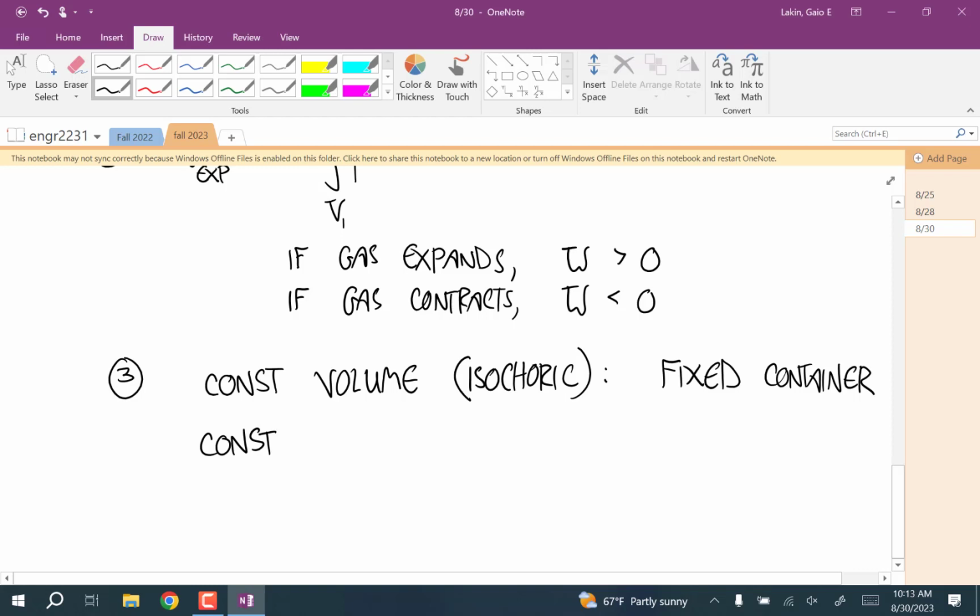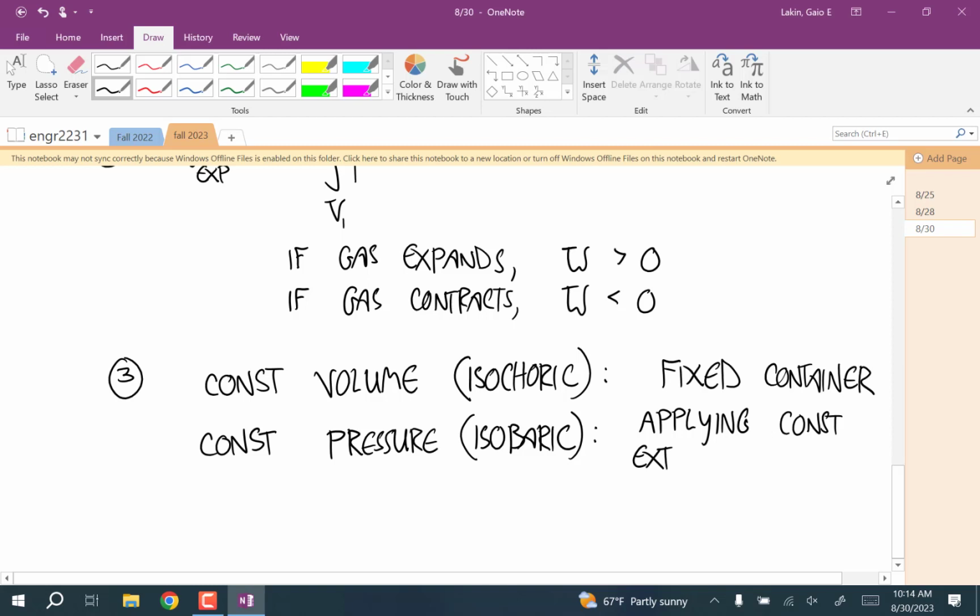How do you make a process happen with a constant pressure? That's called isobaric, like barometric pressure. You do that by applying a constant external force to the piston.